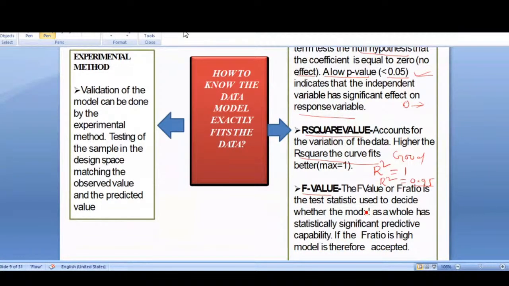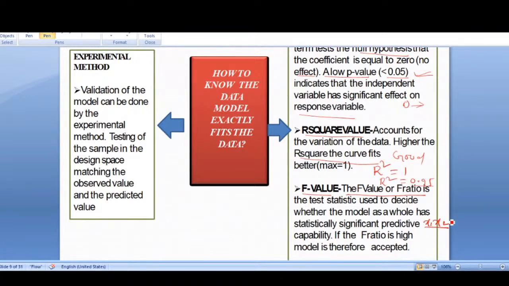Then the last one is the F value. Based on this F value, you can find the interaction parameters. As I said in the previous equation, y equals x1 plus x2, x3, let us say x1, x2. Then x1 into x2, these two are the interaction parameters. Let us say x1 is the temperature, x2 is the time.